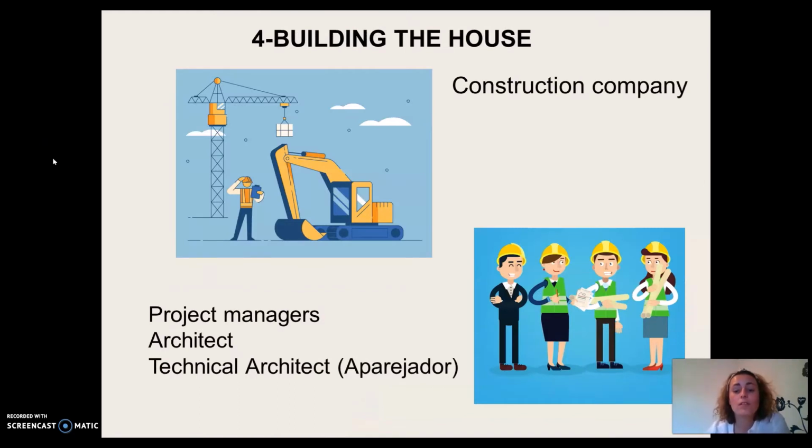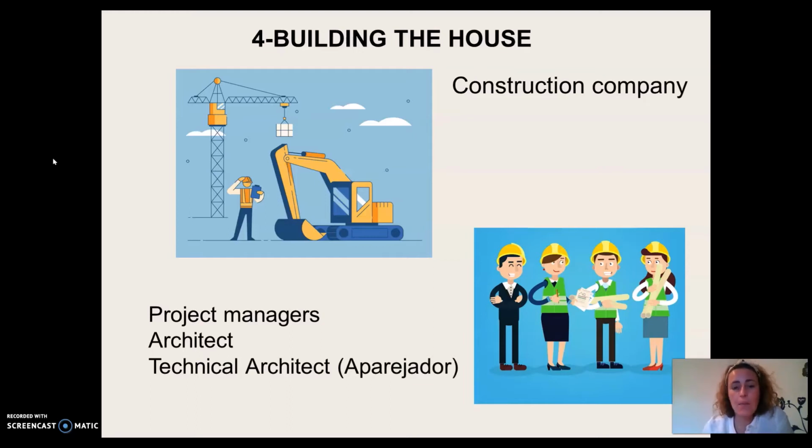When the town hall says, okay, it is correct, everything is right, you can build a house, they give the license. With this license, there is a period of time in which the architect must write the execution project. That is the project which is going to be built.